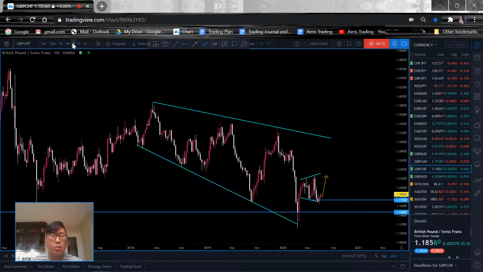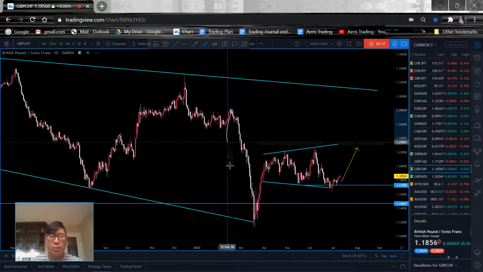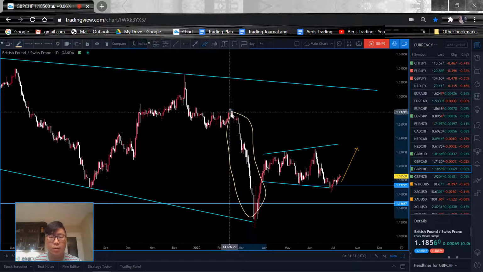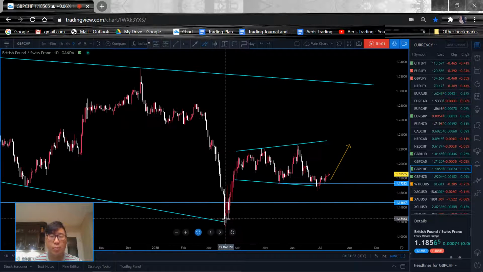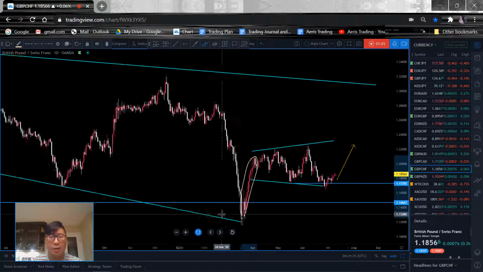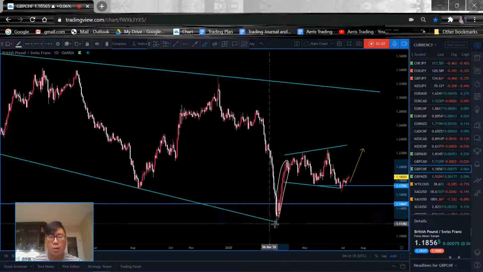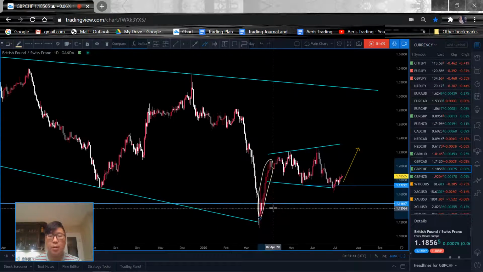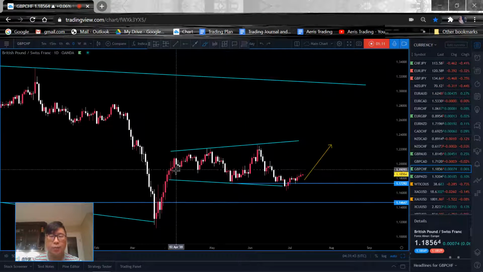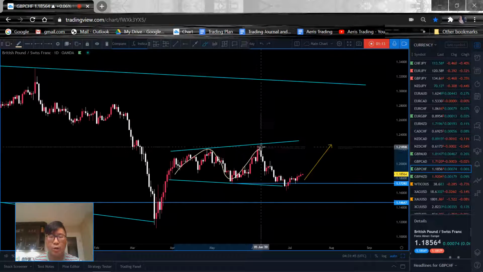Zooming into the daily chart, we see a massive move to the downside from COVID, and price quickly retraced back up, bouncing off the triple bottom on the weekly and the structure on the daily. So price moved up and began to form a more compact correction.